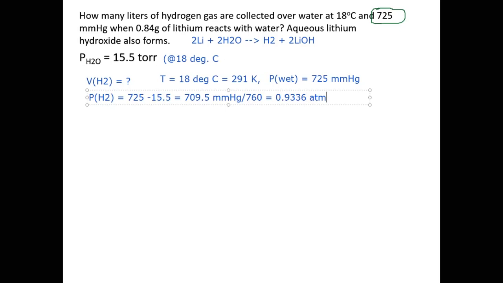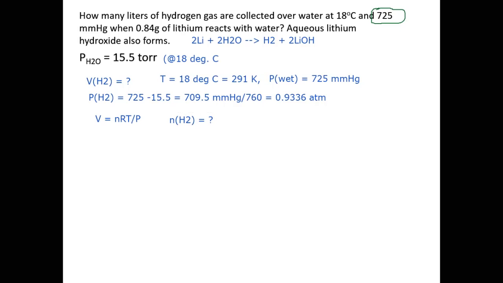So in order to calculate the volume of H2, volume equals nRT divided by P. So the only thing we're missing are the moles of H2. So we have to use the other information to find the moles of H2.